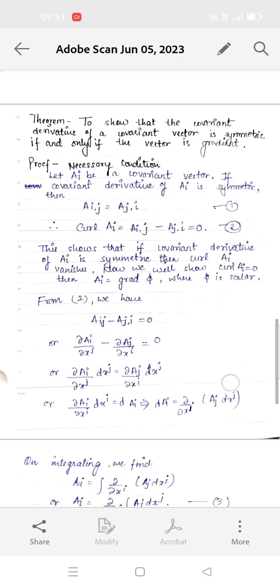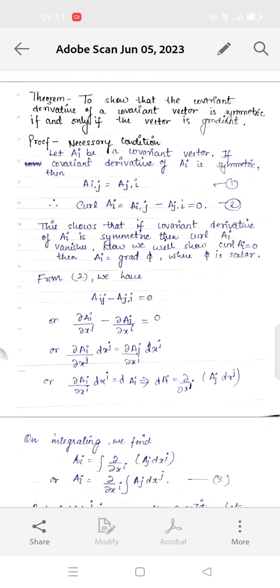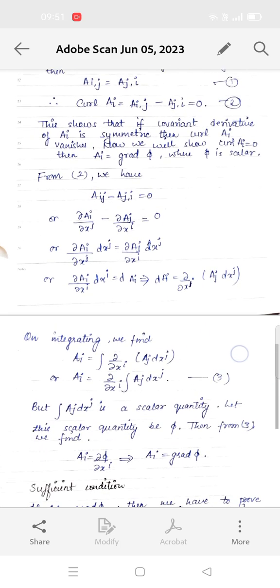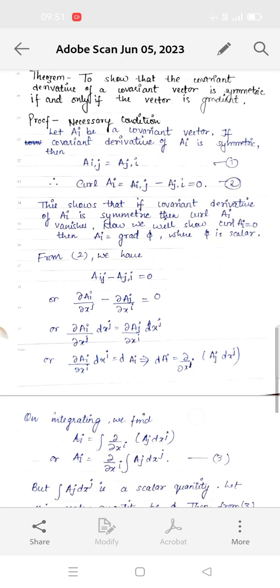Now there is one more theorem to prove. The theorem says to show that the covariant derivative of a covariant vector is symmetric if and only if the vector is gradient. To prove this theorem, we have to consider the necessary condition and the sufficient condition. For the necessary condition, let A_i be a covariant vector.